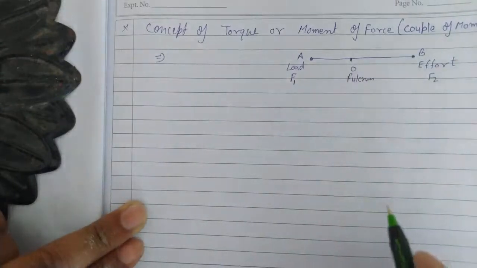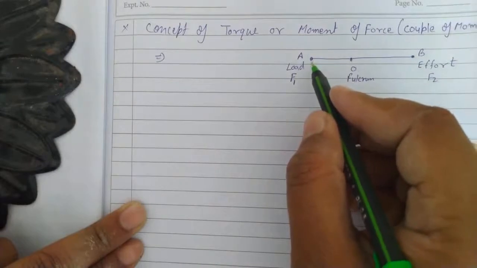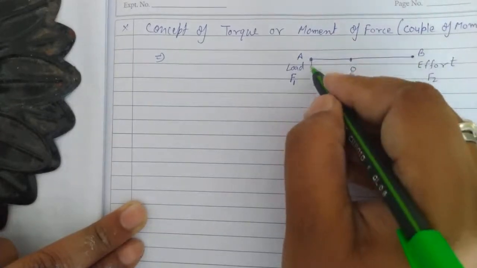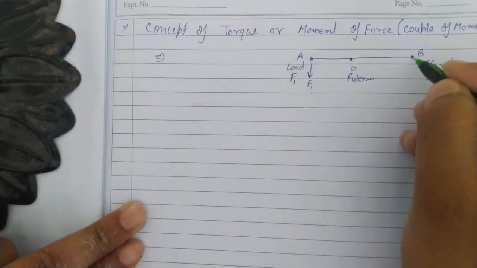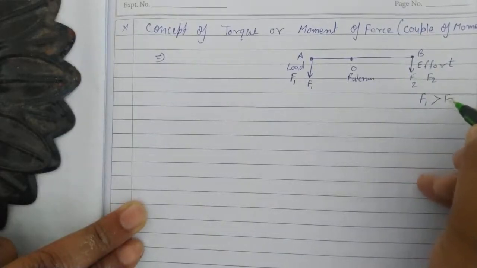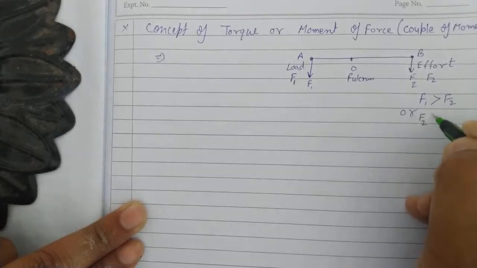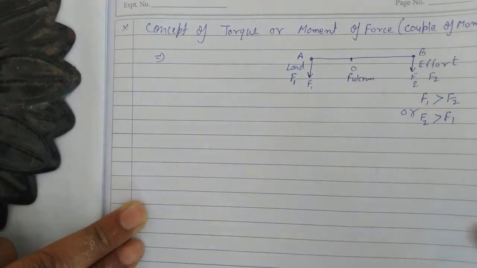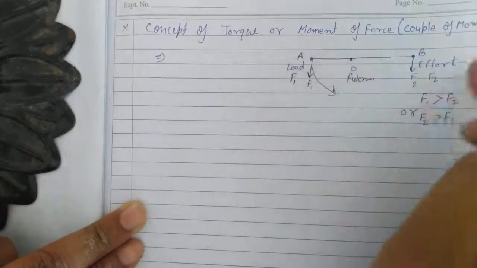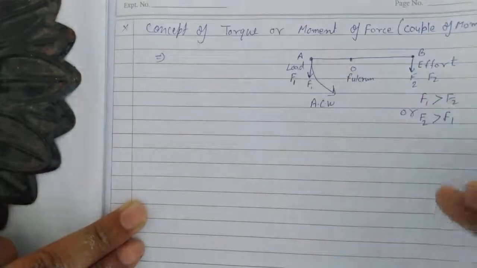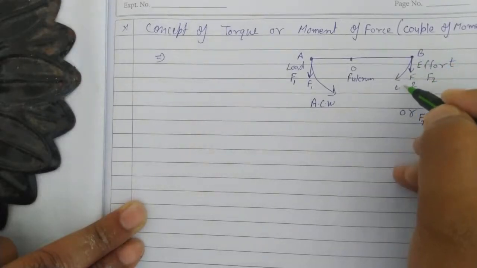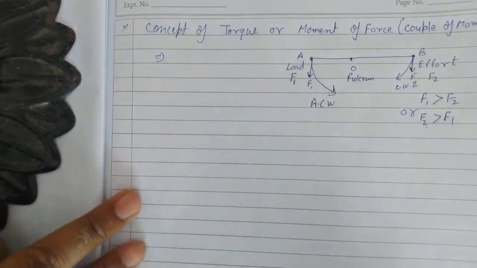Therefore if the moment about O is not equal, that is F1 is greater than F2 or F2 is greater than F1, in these two cases, if F1 is greater than F2, the body rotates anti-clockwise, and if F2 is greater than F1, then the body rotates clockwise.